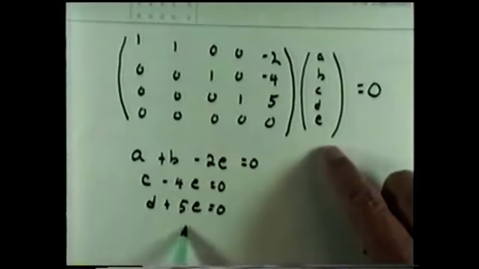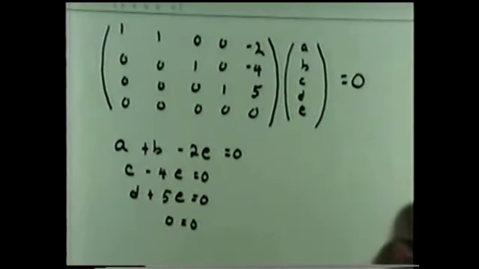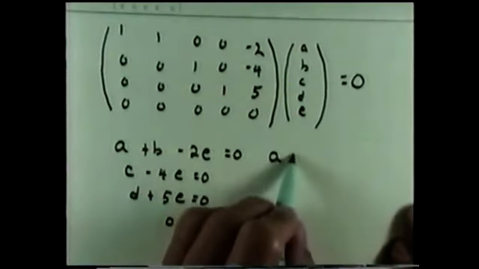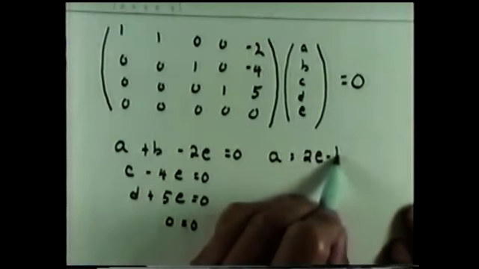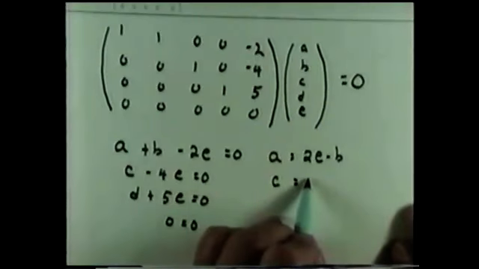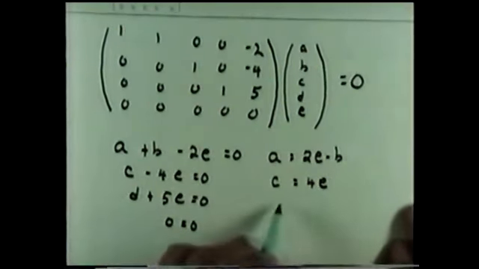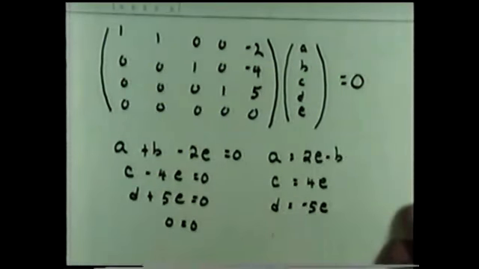And of course, the last one would give me 0 is equal to 0. I see that a is equal to 2e minus b, c is equal to 4e, and d is equal to negative 5e.